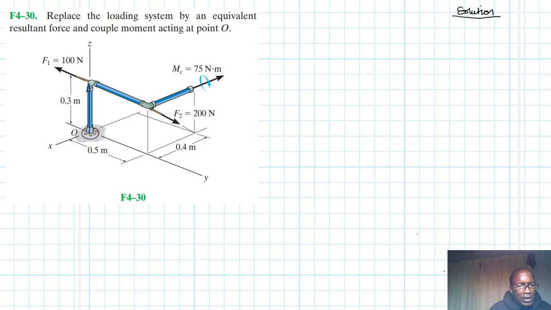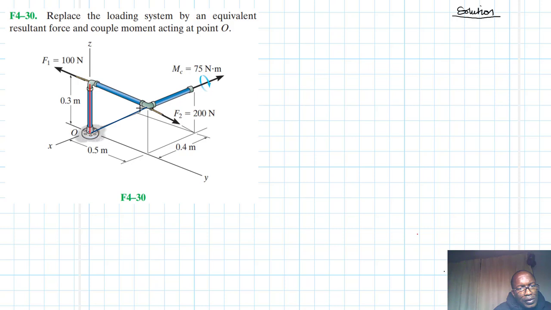Let's call this one red, to be more visible, and the other one I give green.